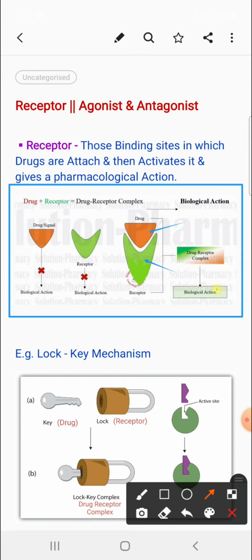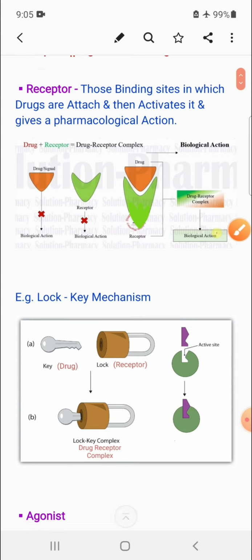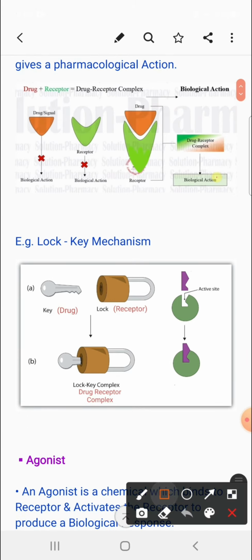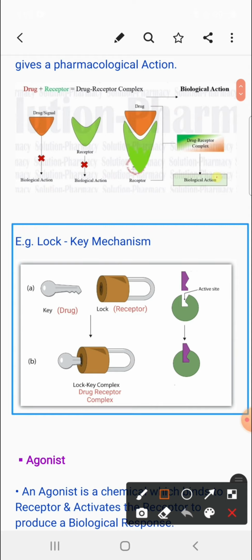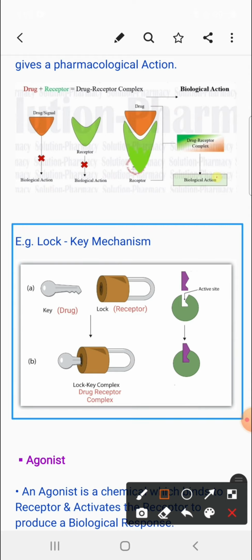action. For better understanding, we will take the example of the lock and key mechanism. In this, we suppose the key is the drug and the lock is the receptor. A single key, the drug, is useless without a lock, the receptor, and a single lock, the receptor, which is unoccupied without a key, the drug, is useless.